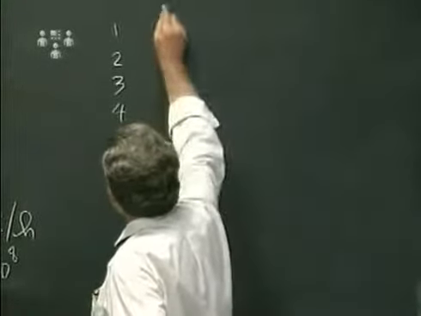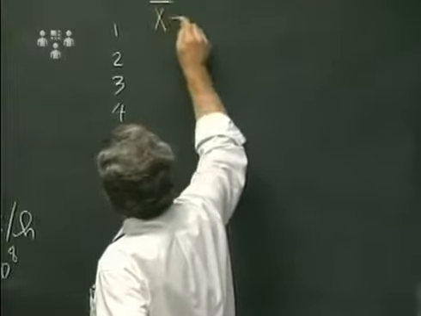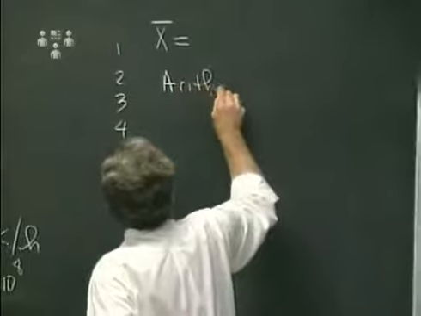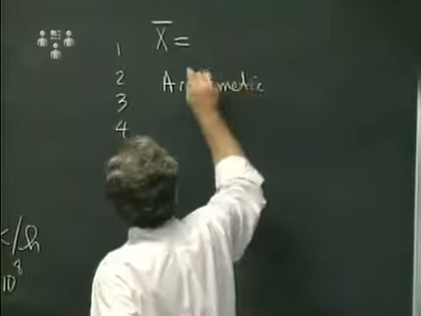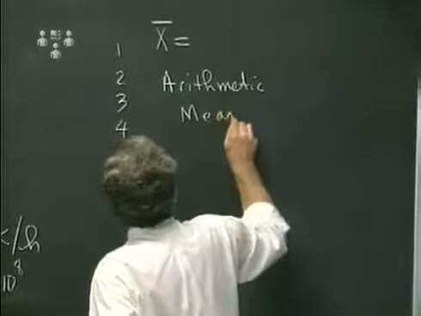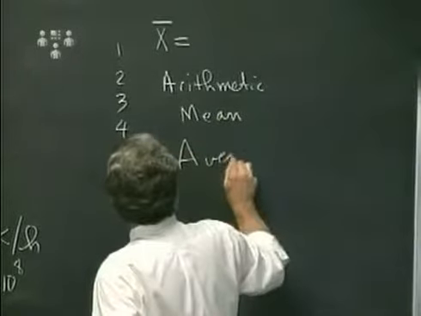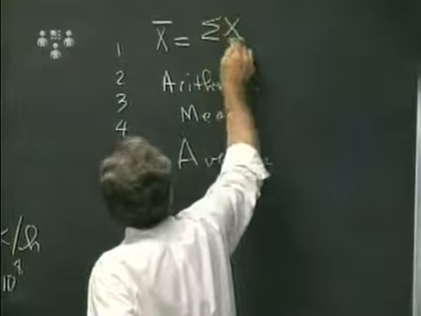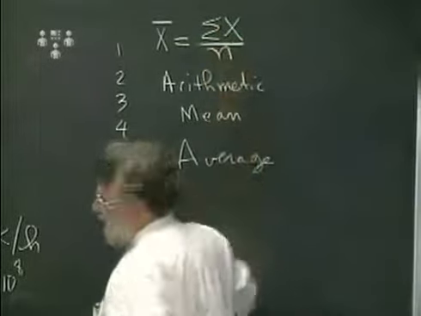So if I want to find x bar, which we talk about as the arithmetic mean, which you know as an average, and that is the sum of the values divided by how many you have.